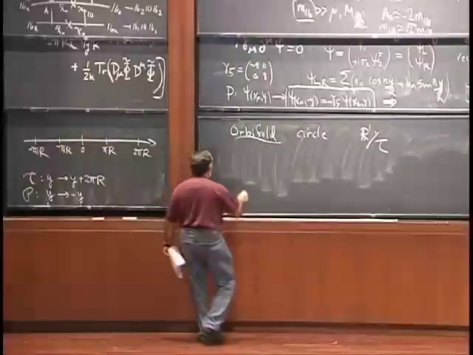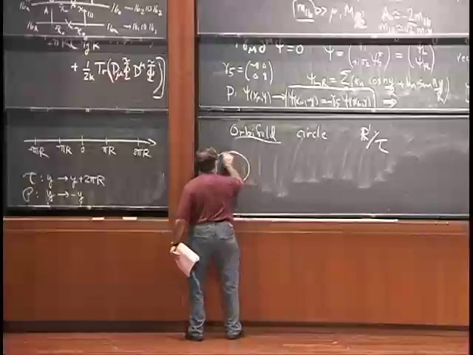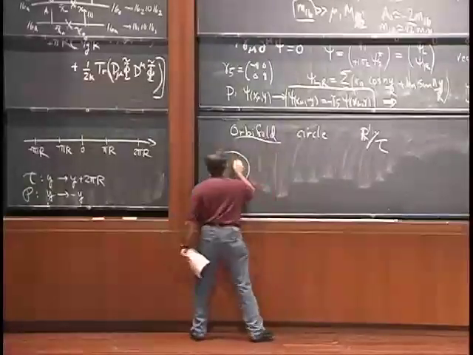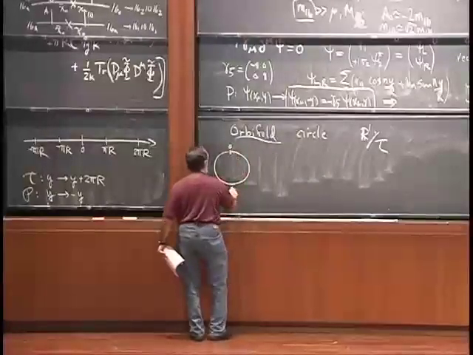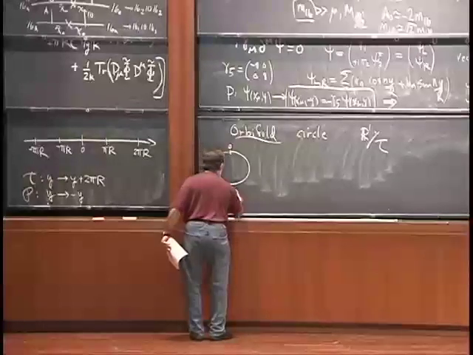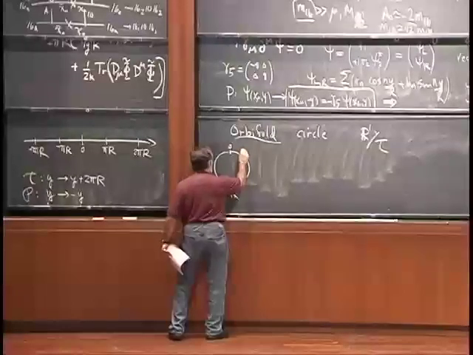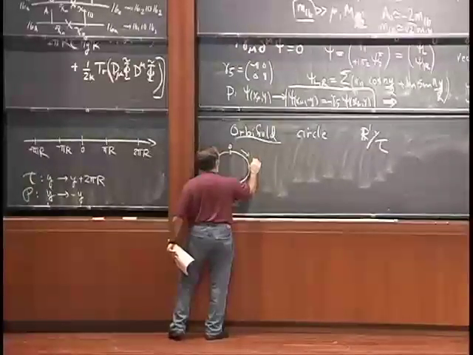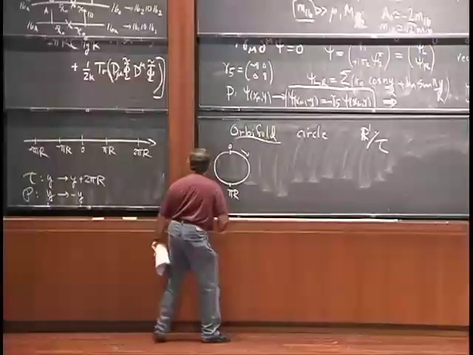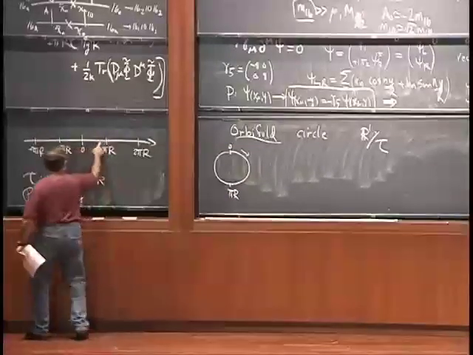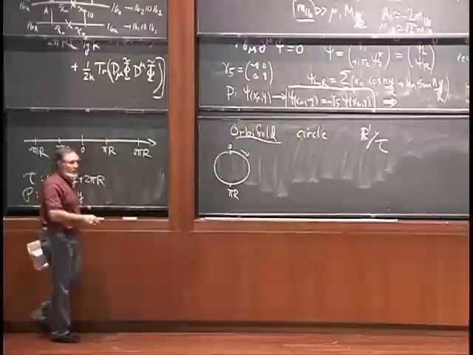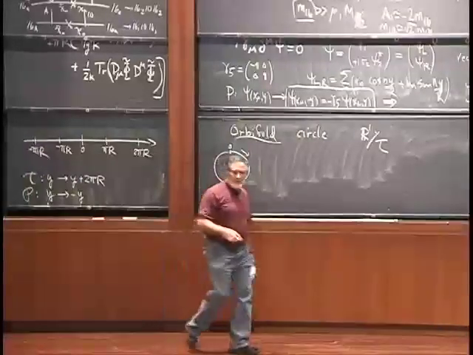Okay? So we start out with a circle after doing this, and the parity operation takes any point on this side, which is y between 0 and pi r, and maps it to a point on this side between 0 and minus pi r. Okay?